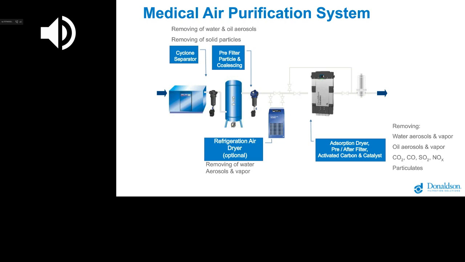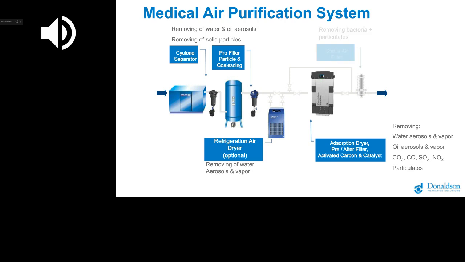Secondly, we have an absorption dryer that will give us a pressure dew point of minus 40 degrees C, which is way above the actual requirements of pharmacopoeia. And we're also installing within this package activated carbon and catalyst material for the removal of CO, CO2, SO2 and NO2. And of course, the final filter will remove the particulates.